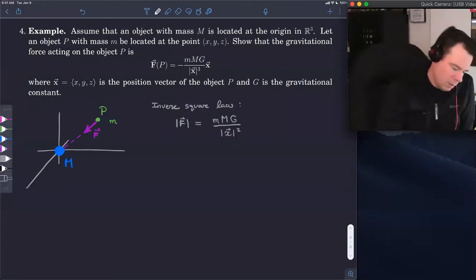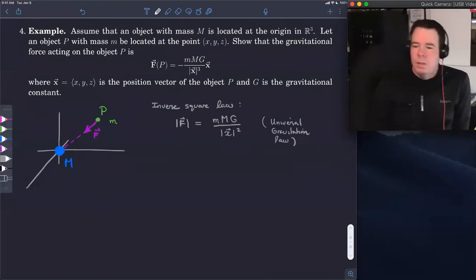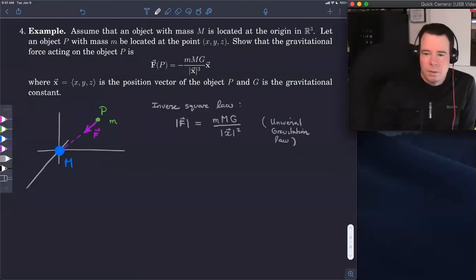And this is also referred to as the universal gravitation law. This is the law we use for the gravitational forces between two masses.